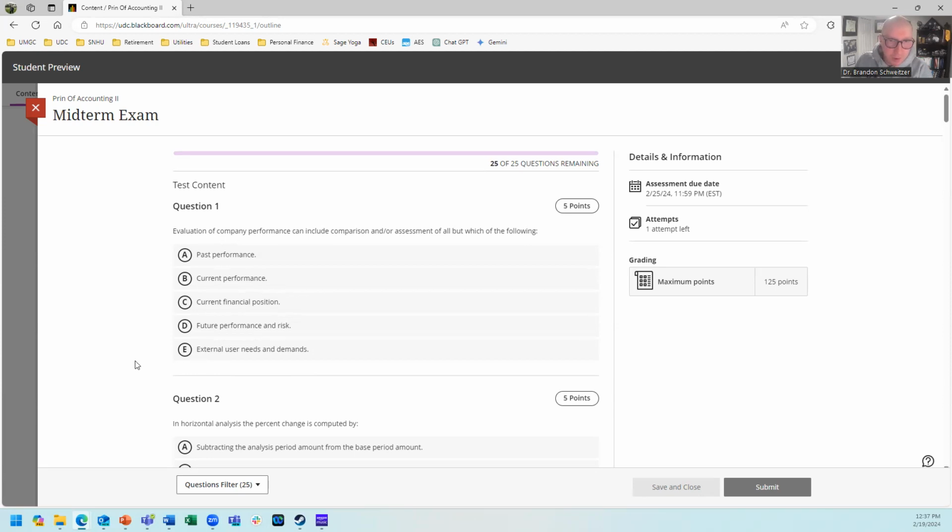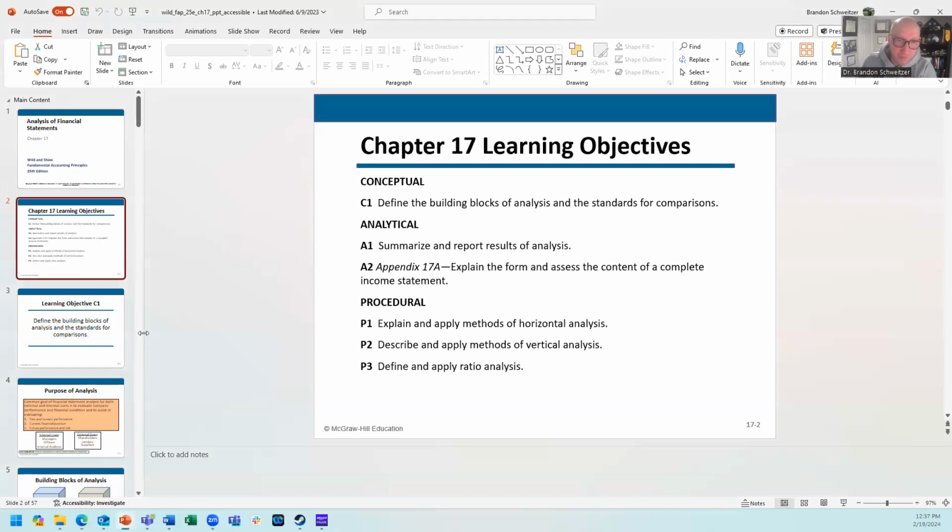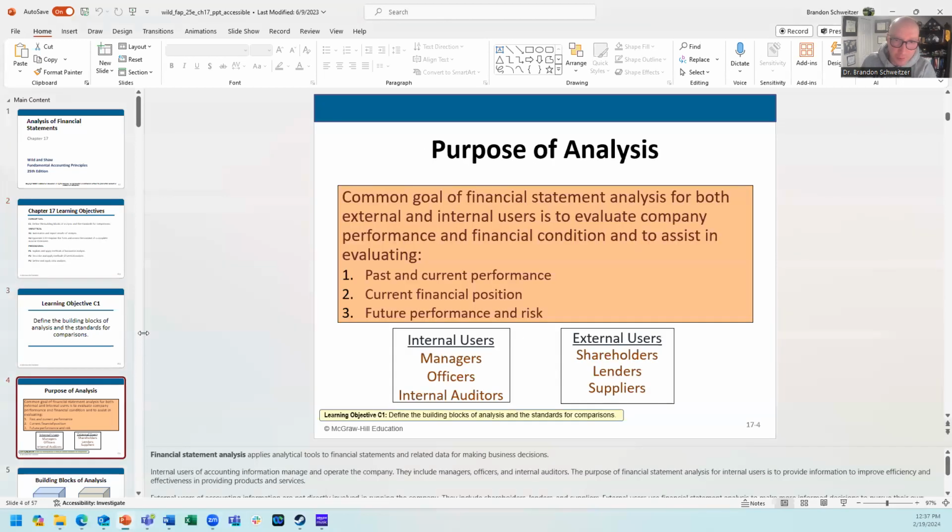When I read that question, I can already understand that it's probably from chapter 17 because of the words evaluation and company performance. When I go to the presentation, I'm looking through and I can see the purpose of financial analysis: past and current performance, current financial position, and future performance and risk.